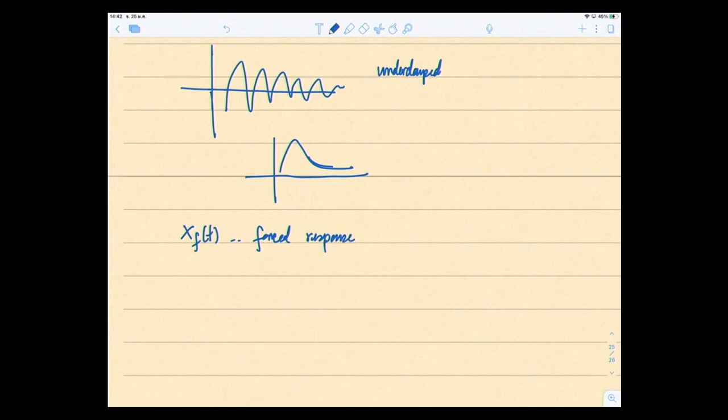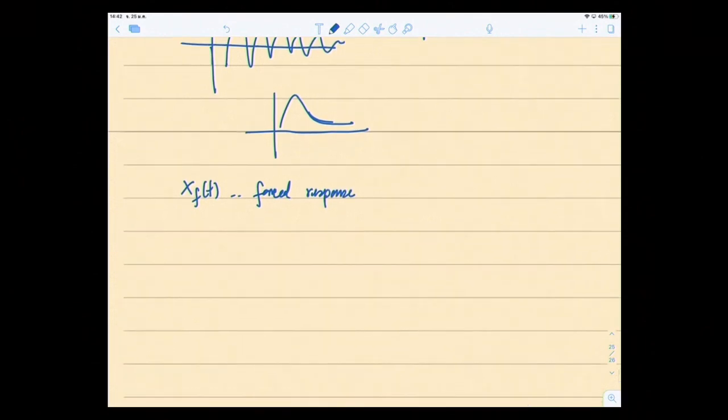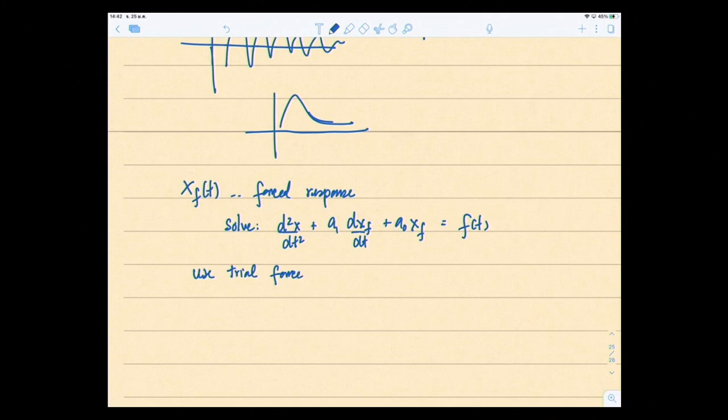In the forced response, we have to solve the actual differential equation, and to solve this we use trial solutions.